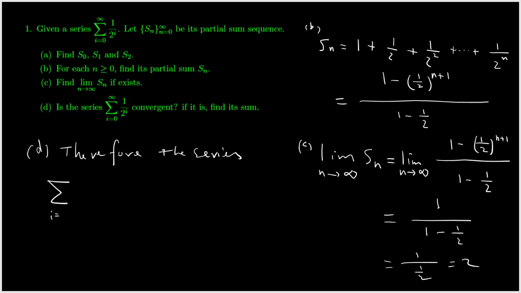The series converges to 2, or you can say the sum of the series is equal to 2. Yeah, probably you have seen that a long time ago. So basically, in addition to 1, you have the whole piece of pizza, right?